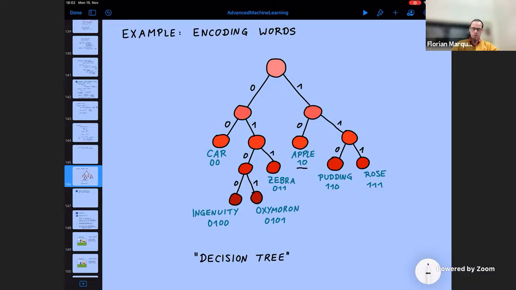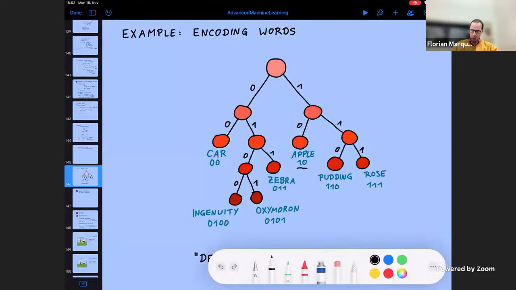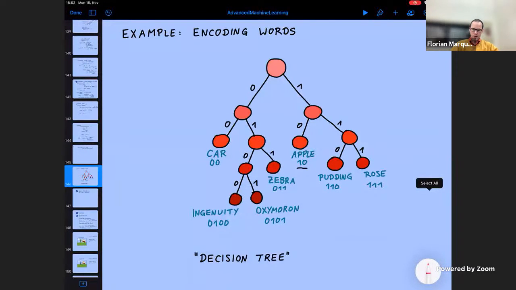You start at the root of the tree, that's the top, and then you go down the tree and you always pick the branch that you need to pick in order to go to the word you want to reach. And in this case, you first take a right turn, that is the 1, then you take a left turn, that is the 0. And so you already end up at apple, which is then encoded by 1, 0. So it only uses up 2 bits.